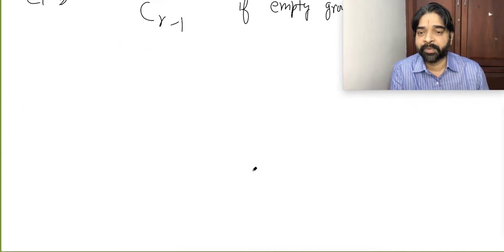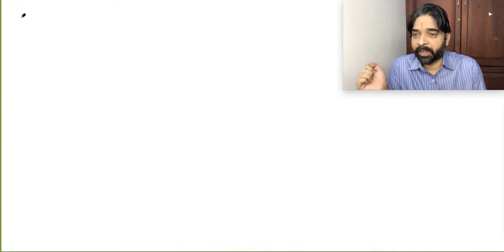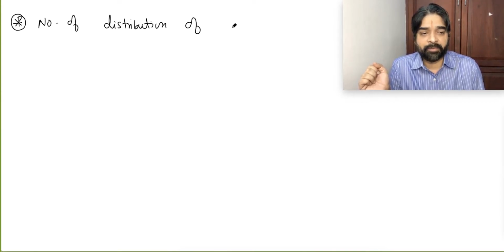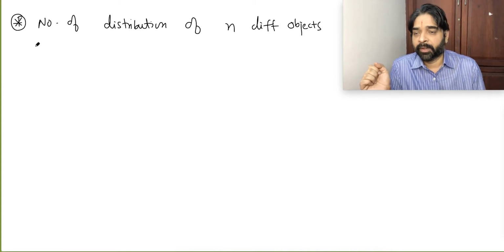What is the meaning? Now, next point, give the heading: Number of distributions of n different objects into R groups.